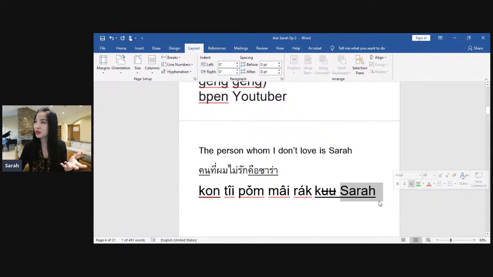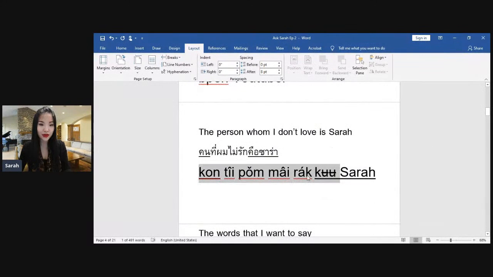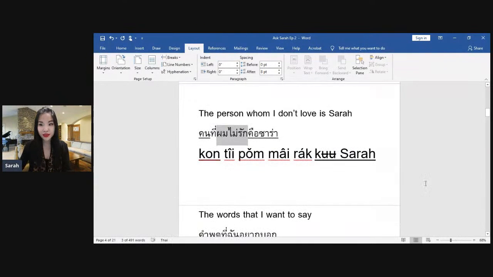In linguistics it's called a complement, it's not an object, because it's after the verb to be. Okay, คนที่ผมไม่รัก: the main sentence is คนที่, that person is Sarah, and then you modify it, which person, that I don't love. I hope that's clear.